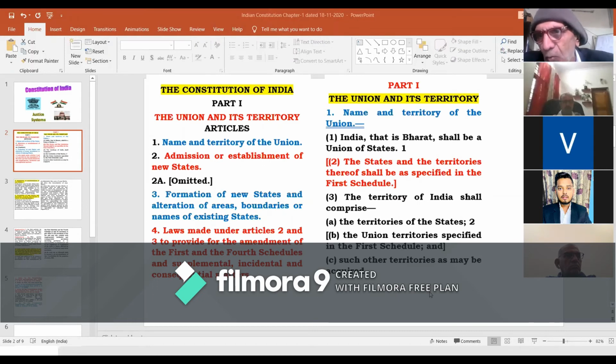If we are clear about India, that is Bharat, and India, that is Bharat, shall be a union of states, then we will have a properly initiated approach for imbibing the values of the Constitution of India.